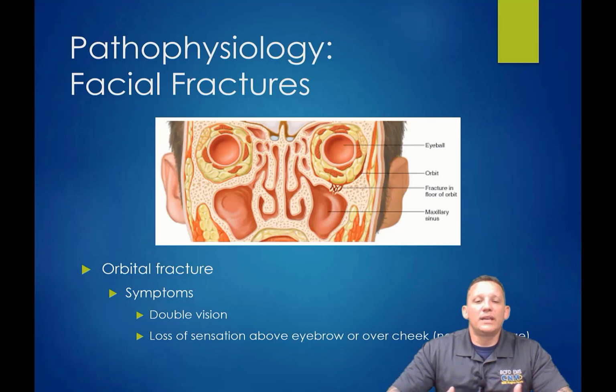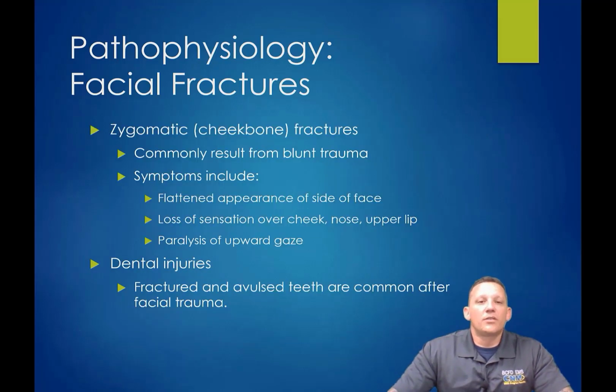And so at that point, we get that kind of double vision. They may lose some sensation above the eyebrow because of the nerve that runs through the face there. Then we're going to talk about zygomatic or the cheekbone fractures. This is usually from some kind of blunt trauma.